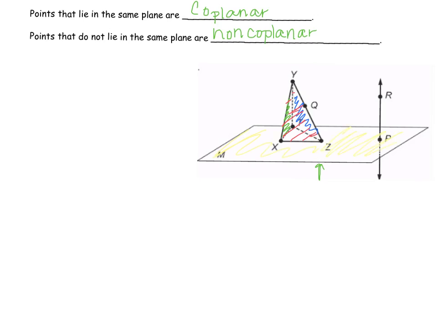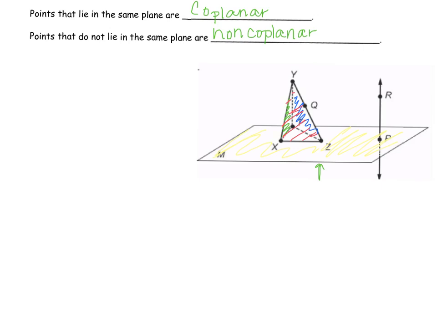And so there are 4 planes drawn into this picture, but remember, we could also talk about plane YRP if we wanted to. It's just not drawn in here. So to talk about coplanar points, we need to refer to at least 4 points in order to even have that discussion, because any 3 points determine their own plane.